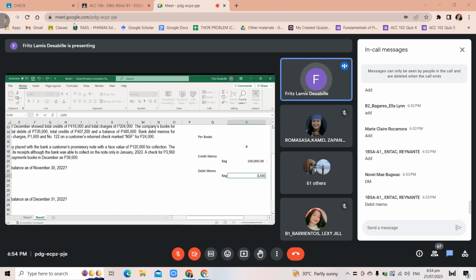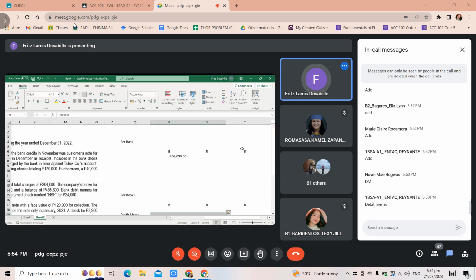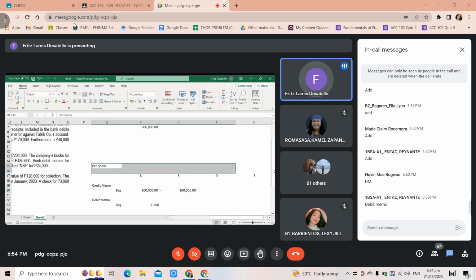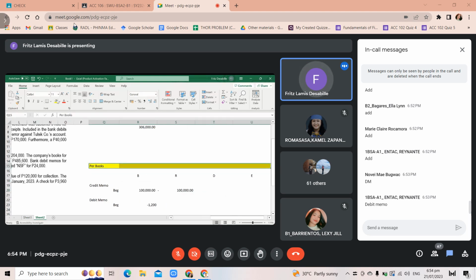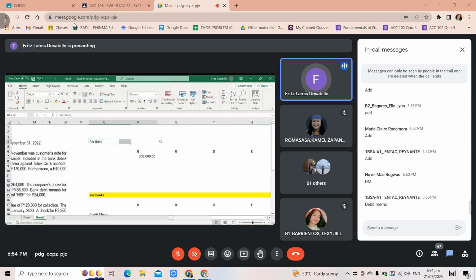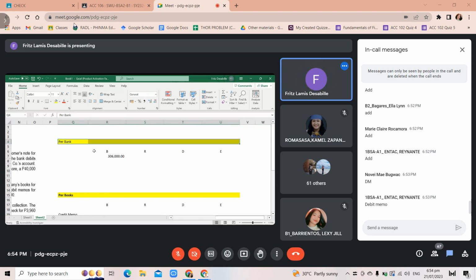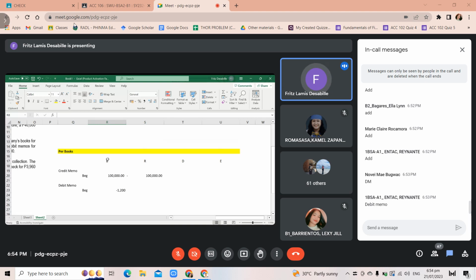So ang ginahimo nako guys, ginalay-out pa nako ang information. Skeleton pa siya, wala pa siya ma-solve. Pero sa reconciliation, ginahinay nako og build, no? Kay once we have laid out all the information, pwede na nato i-start ang reconciliation process.